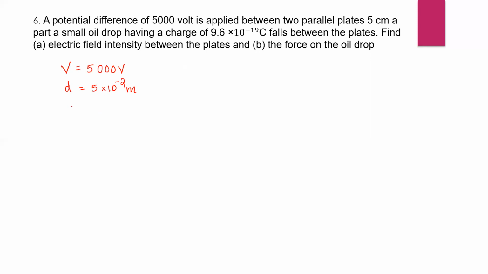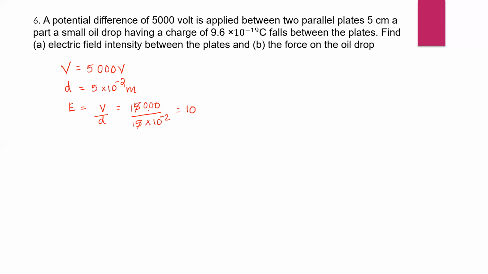We know the electric field formula is E is equal to V by D, that is equal to V is 5000 upon D is 5 into 10 raised to minus 2. Okay, 5 we can cancel, we'll get 1. 10 raised to minus 2, when it goes to the numerator, we will get 10 raised to plus 2.